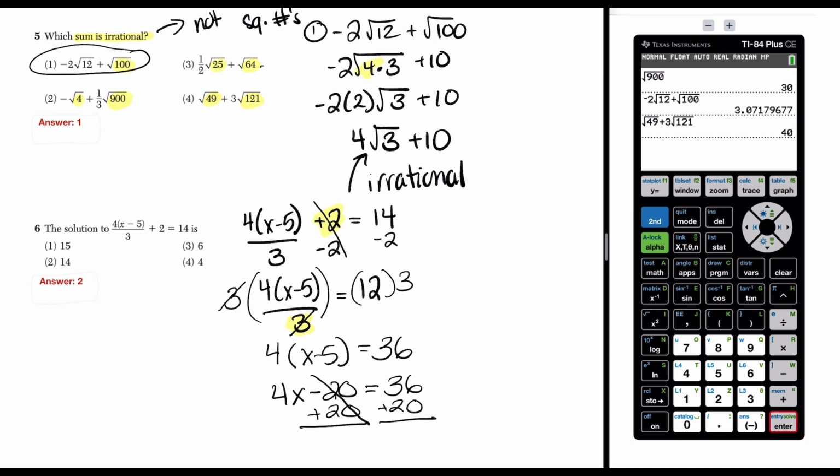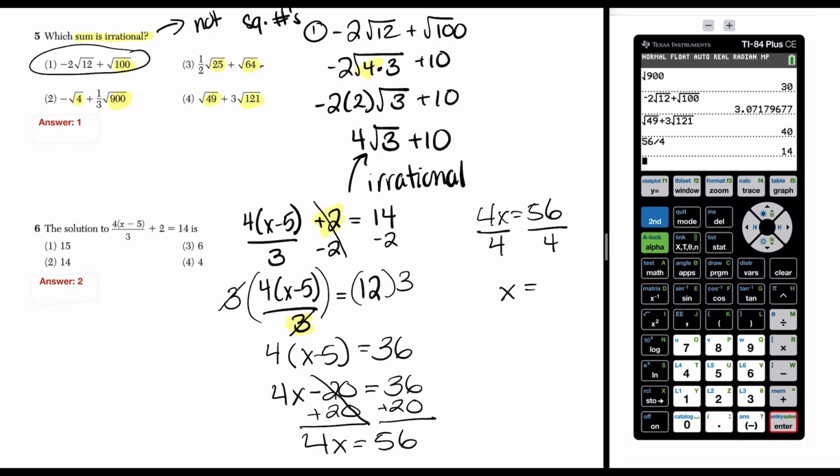So this makes a 0 pair. So now I have 4x is equal to 56. I'm just going to move it to the side here. And to get my x isolated, I'm going to divide both terms by 4. So x is equal to, now if you want to do the long division, you can. We do have a calculator, so you could just do this to get to 14.